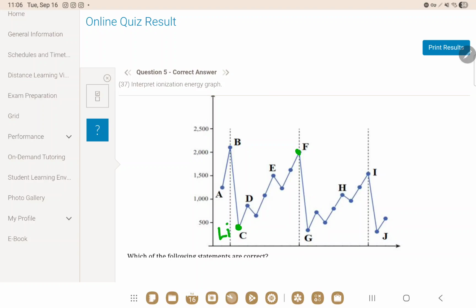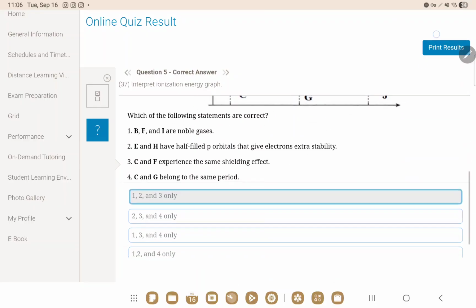And F is 1, 2, 3, 4, 5, 6, 7, 8, 9, 10, neon. Do they have the same shielding effect? Yes, they do. Why? Because lithium and neon are both elements of period 2. They're both in the same period, so they have the same shielding effect.